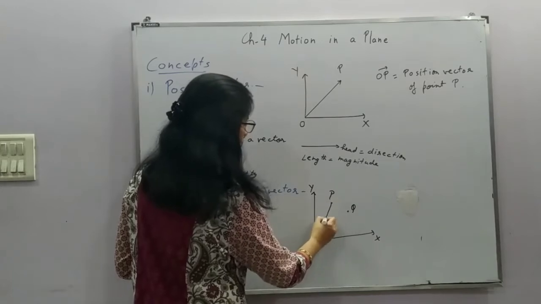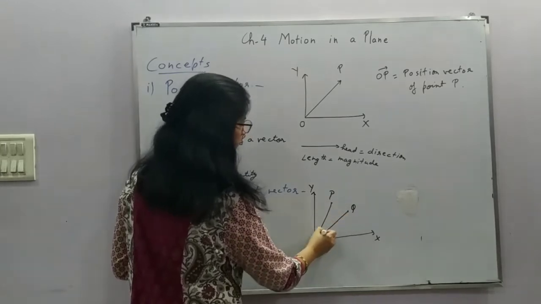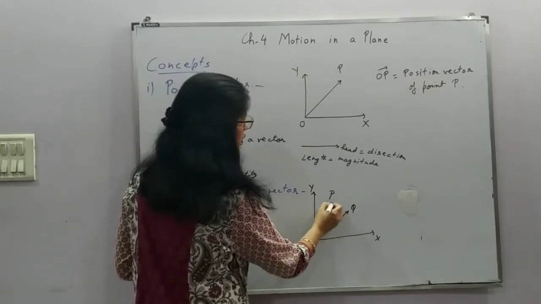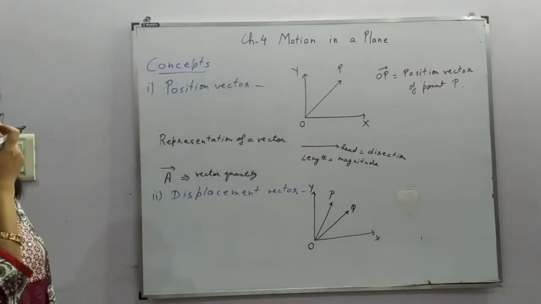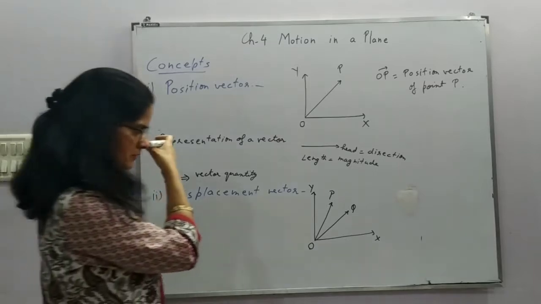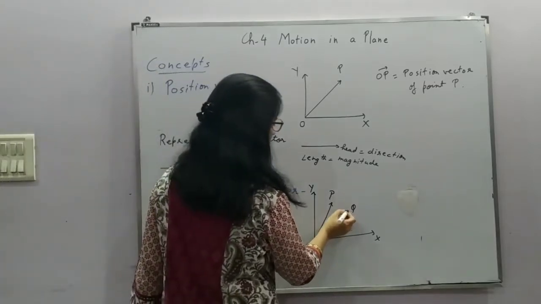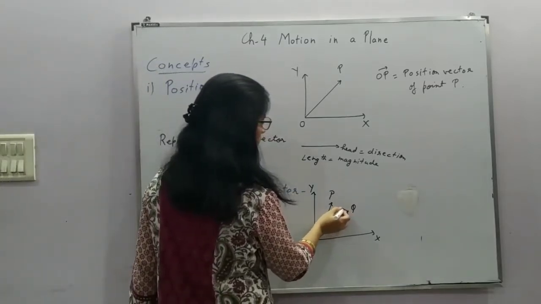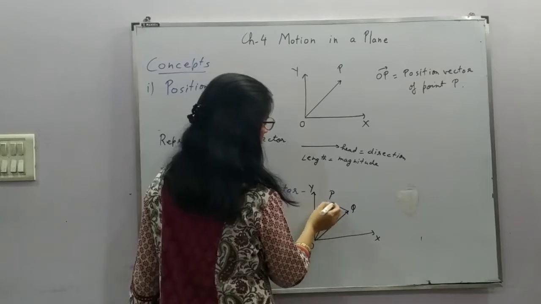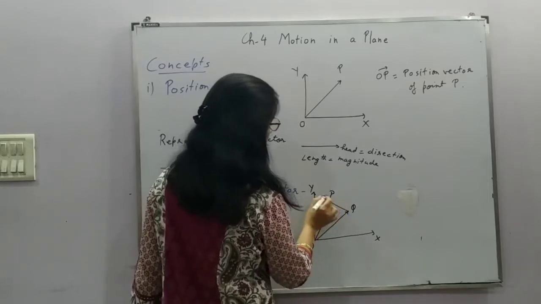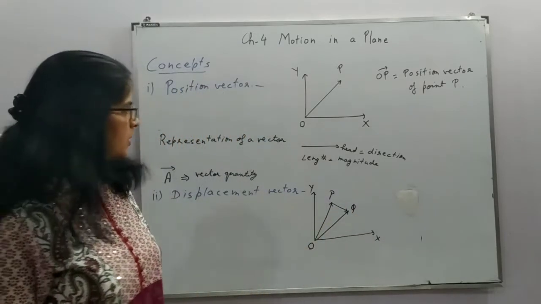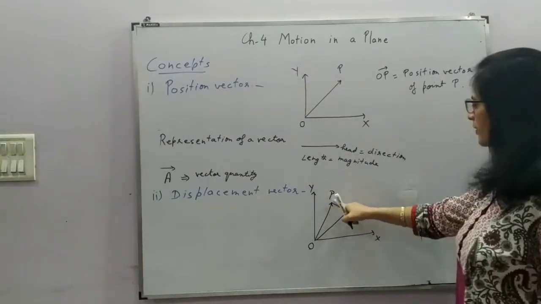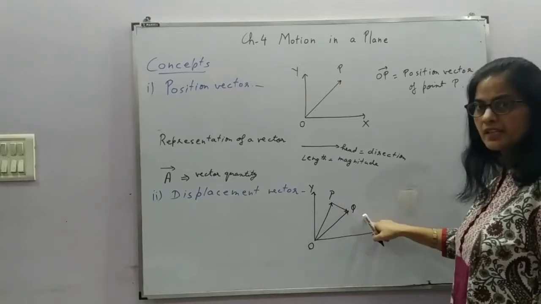So if we join these two, these will be the position vectors of point P and Q. And if I want to find the displacement vector, right? Suppose the particle moves from point P to point Q. Then this vector will represent the displacement vector.